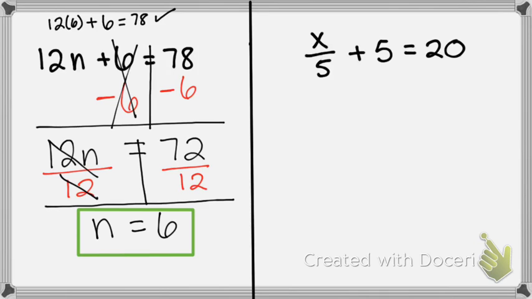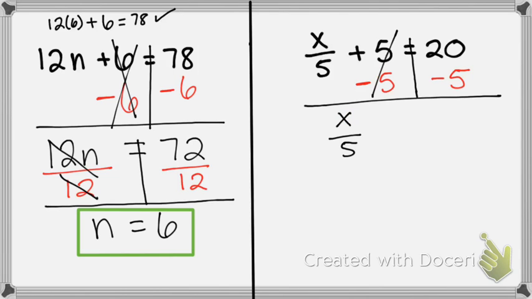Now let's look at number 2. First, we're going to draw our line, and we're going to look at the constant positive 5. In order to get that to the other side, I'm going to do the inverse operation, which is minus 5 on both sides. We bring down the x over 5. This cancels out to a 0. We have an equals, and then 20 minus 5 is going to give us a 15.